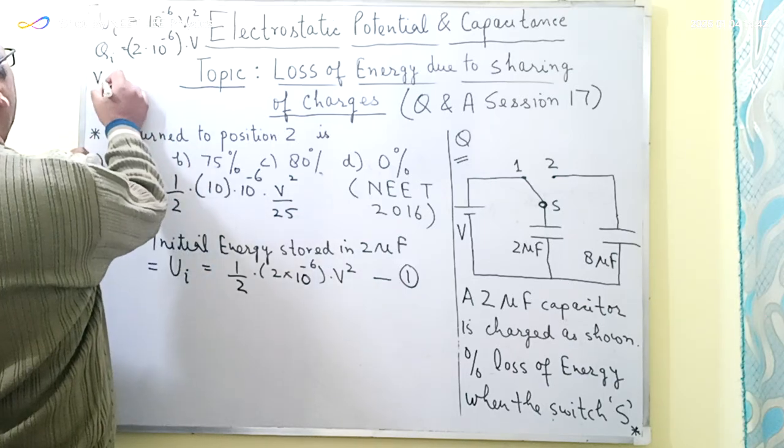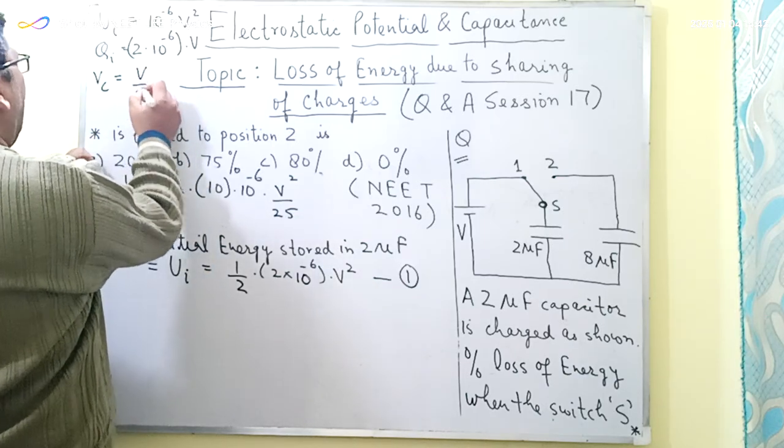So here the common potential was equal to V by 5.